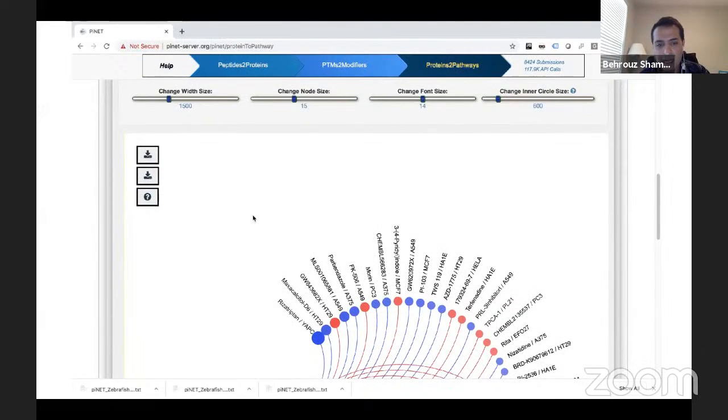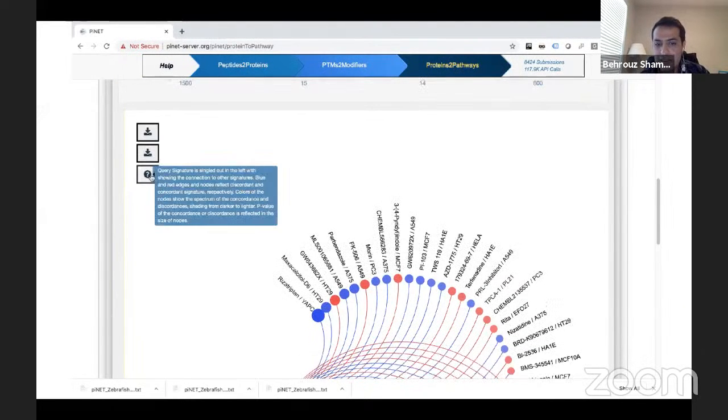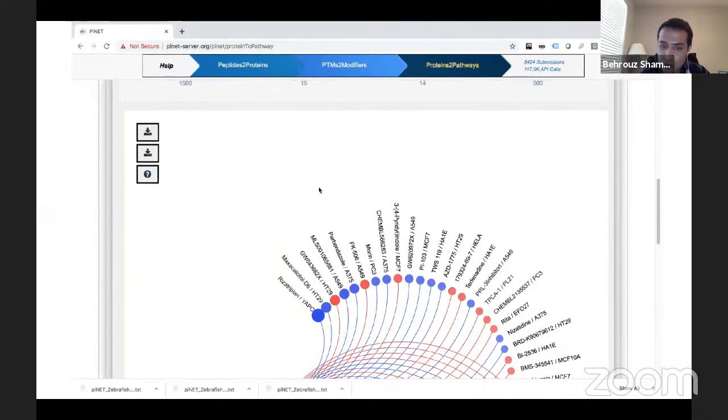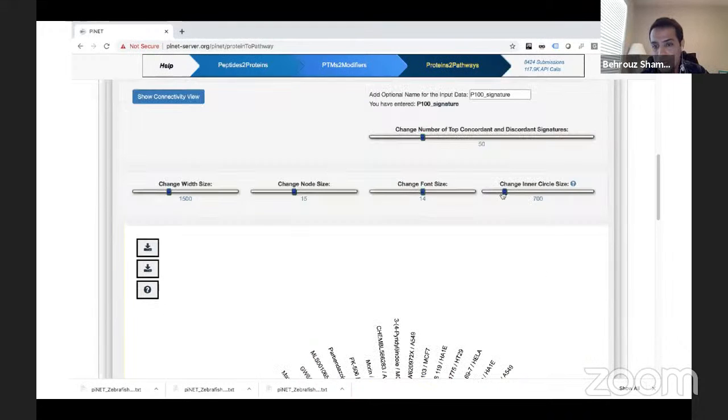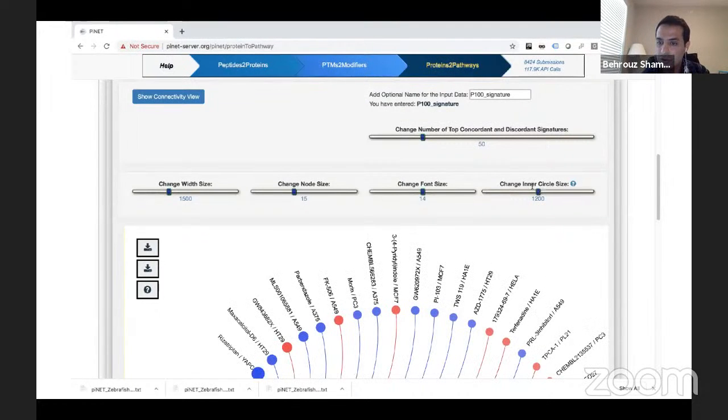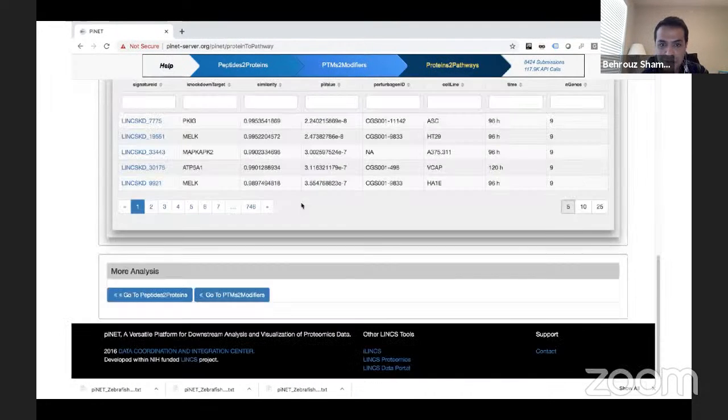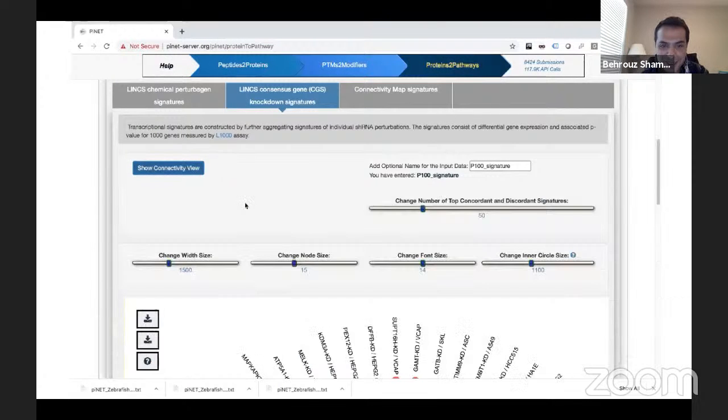Again, we can see that these are the drugs in some cell lines; red means concordant, blue means discordant to our input signature. I'm going very quickly over all of this.